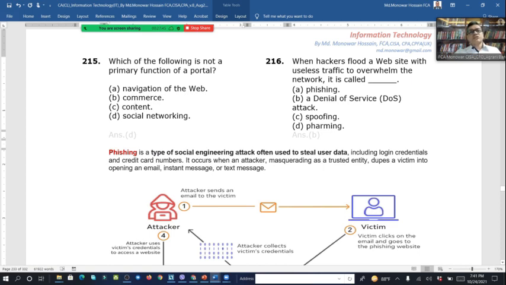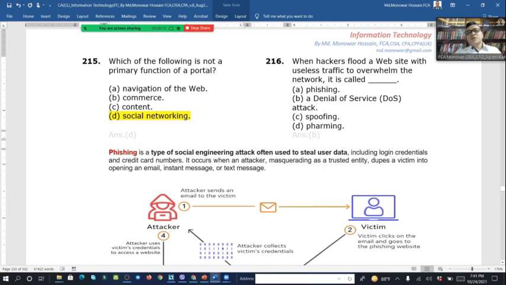So the answer is social networking is not the primary function of a portal. Social networking is just what we do on LinkedIn or Facebook. Navigation of the web, commerce, content, etc. are the primary functions of a portal. But social networking is not a primary function of a portal.